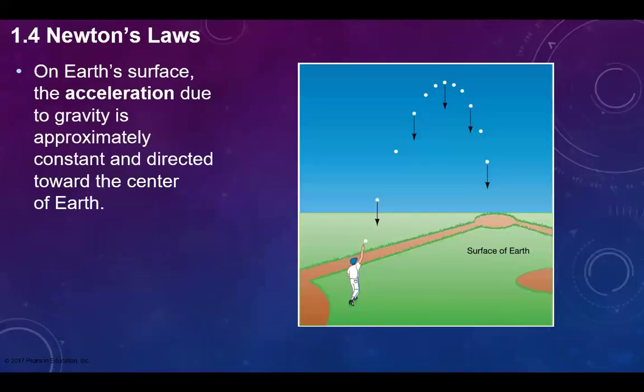So on the Earth's surface, the acceleration due to gravity is approximately constant and directed towards the center of the Earth. Because the force is proportional to the mass, that means the acceleration ends up constant, because the more mass you have, the more force you have, and they cancel out.